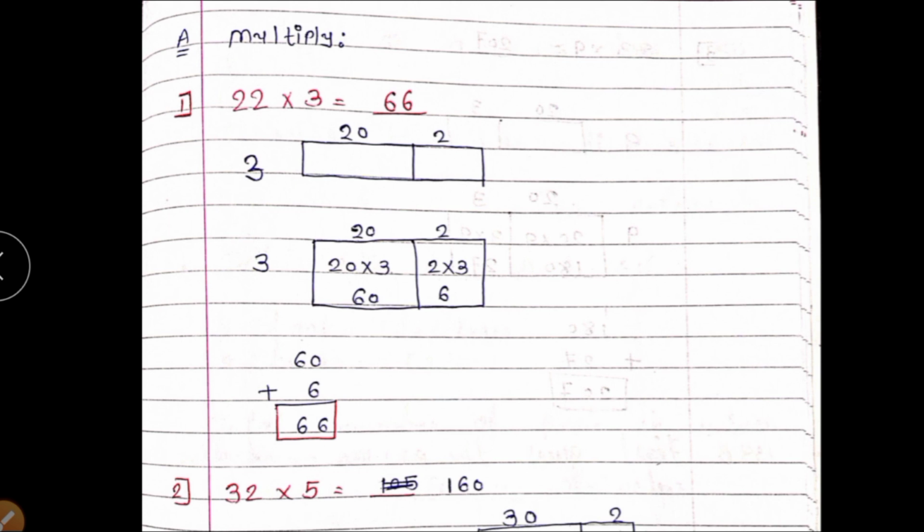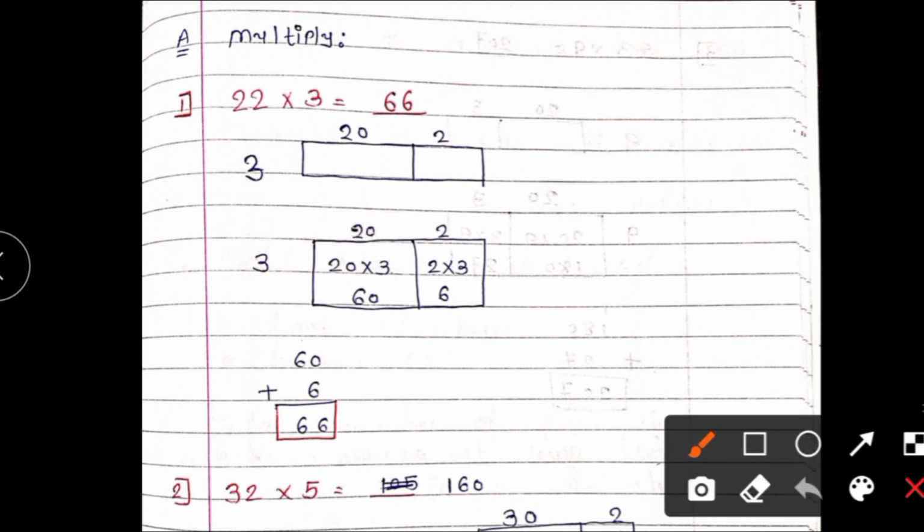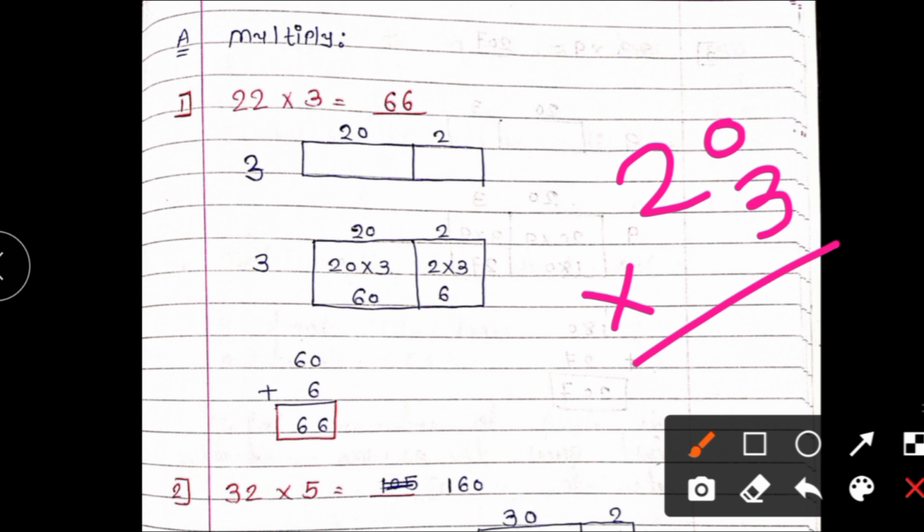Okay, now 20 multiplied by 3. Let's multiply. So first write 20 multiplied by 3. 3 zeros are 0 and 3 twos are 6. So 20 multiplied by 3 is 60 and 2 multiplied by 3 is 6.